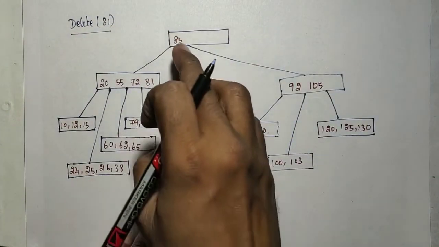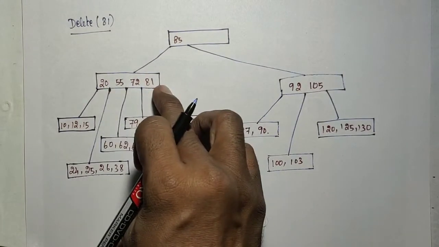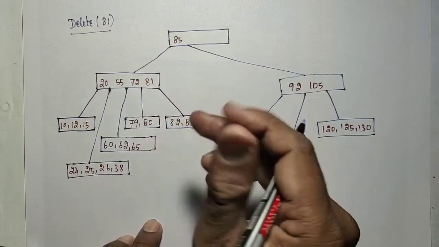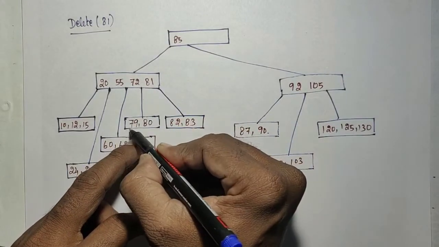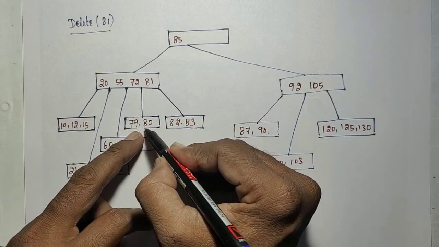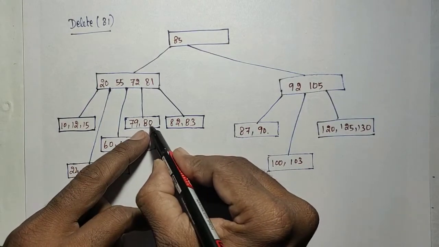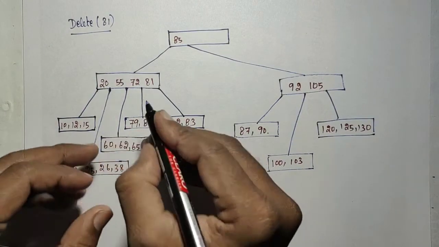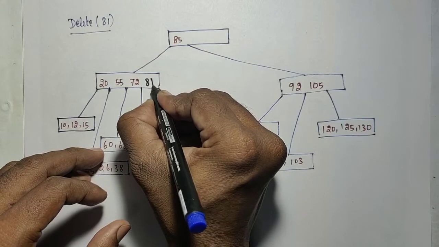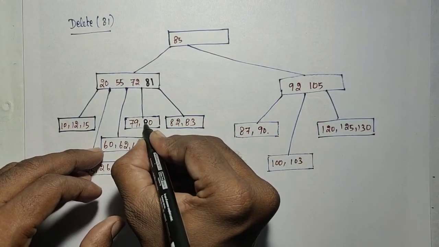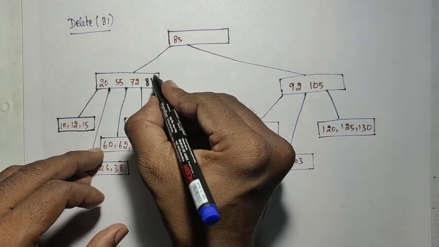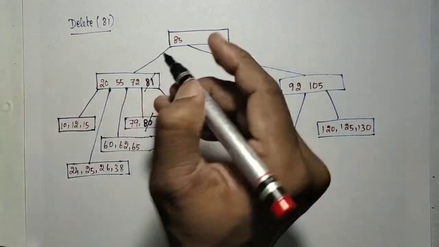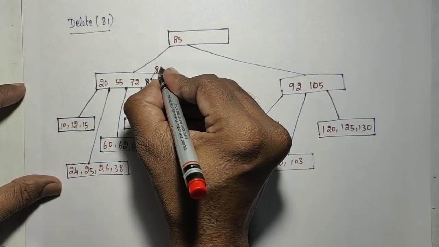Delete 81 means it is presented here; it is not a leaf node, it is an internal node. Internal node means I need to pick from the left subtree, and the left subtree's rightmost element is 80. So 81 is to be deleted and 80 is picked, and this is replaced with 80.